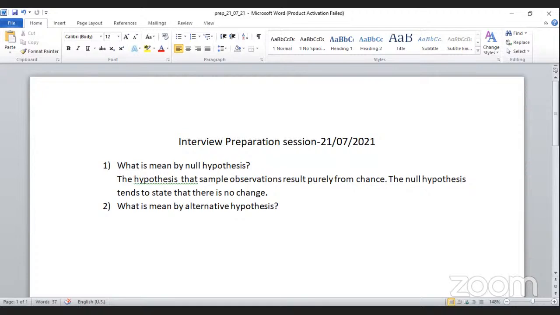Yeah, exactly right, Vishwanath. It's the hypothesis which is influenced by any external effect or cause. That is nothing but an alternative hypothesis. The alternative hypothesis states that a population parameter is smaller or different than the hypothesized value in the null hypothesis.